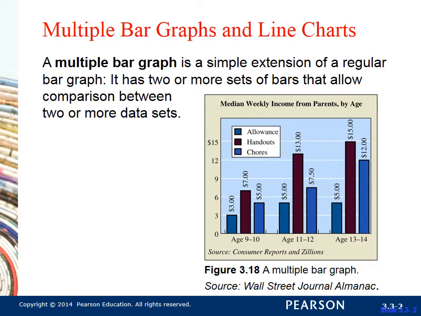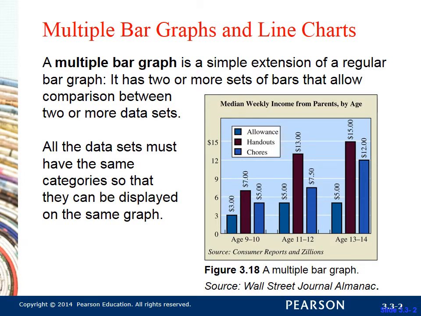Then my 11 through 12-year-olds seem to get a whole lot more in handouts, a little bit more for allowance and chores. And by the time they get to 13 to 14, they've got, what is that, 27, 28, 29, 30, $32 in spending money. So we have to read everything very carefully to see what is involved.